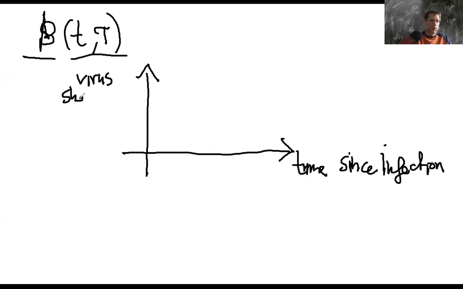One component here could be virus shedding, or how infectious you are. For example, this would be time 0, time since infection. This is where you got infected, and then it takes a certain amount of time before you are able to infect others. So let's say we really have a step function, and this here is your duration of infectiousness.